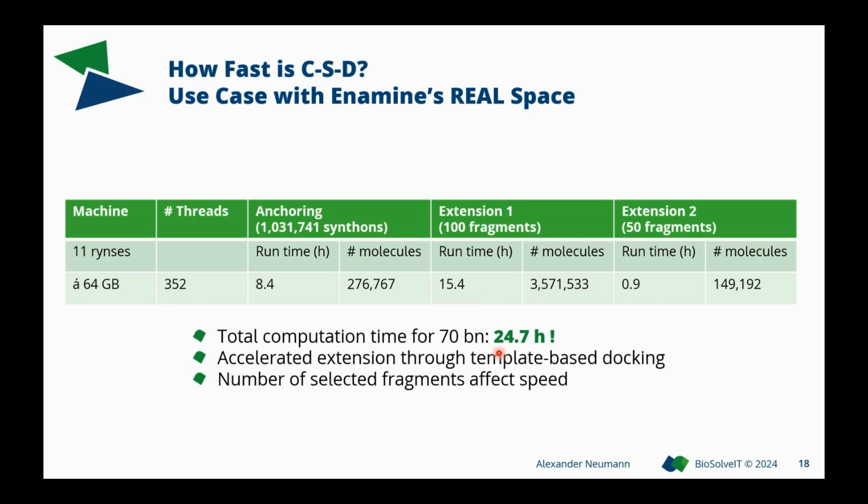It takes us only almost 1 day for the calculations to run the whole thing, which is, looking at this number, a very nice number. Obviously, I have to mention that those steps are affected by how many fragments you select in each step. But you can imagine that it's not exploding, right? In these stages, it scales linearly with your fragments. Not every time, because it also depends on the sublibrary number and sublibrary size, but ultimately manageable.